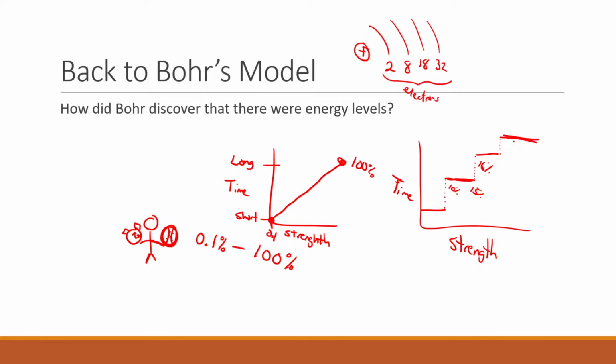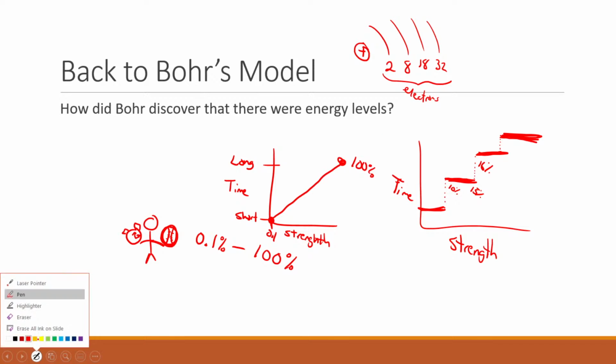And what he came out of this experiment with was this idea of shells. Right? The electrons aren't just wherever. The electrons have these specific points where they happen to live. This solidified his version of the model, right, showing these shells and the different energy levels of those shells.